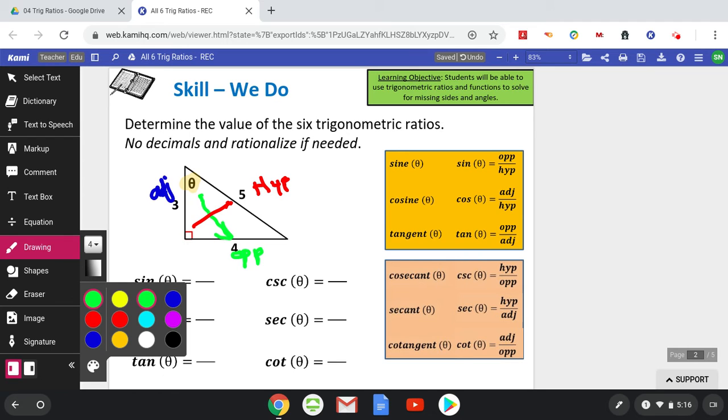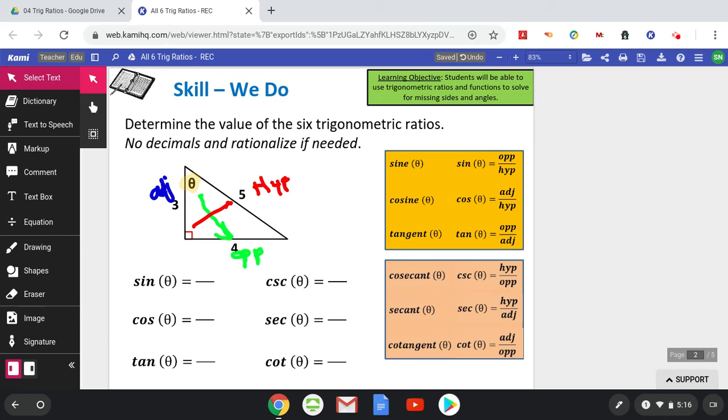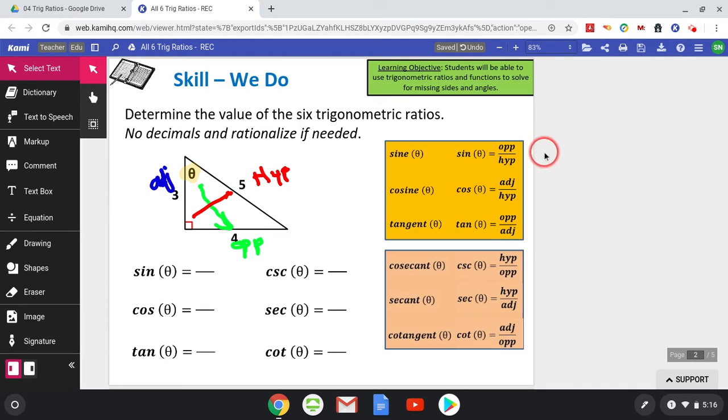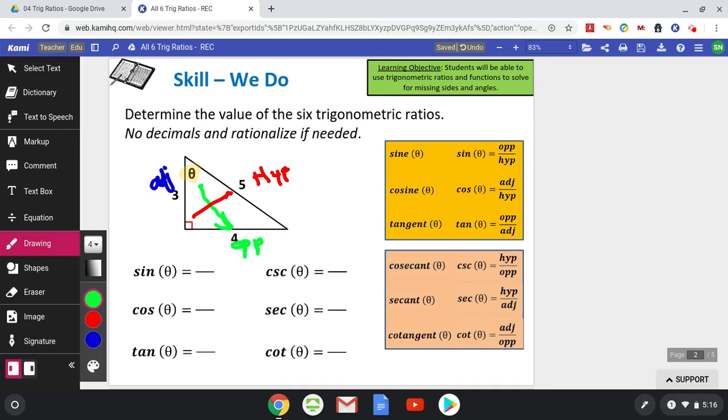So now it's time to go ahead and fill out the fractions. So sine, as you can see on this orange box on the right, is opposite over hypotenuse. Now opposite is 4.